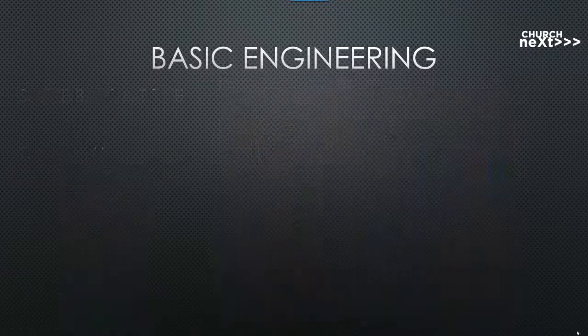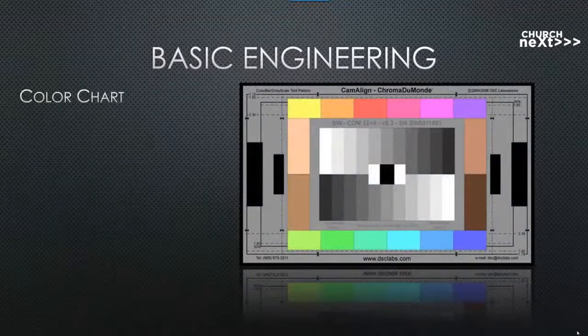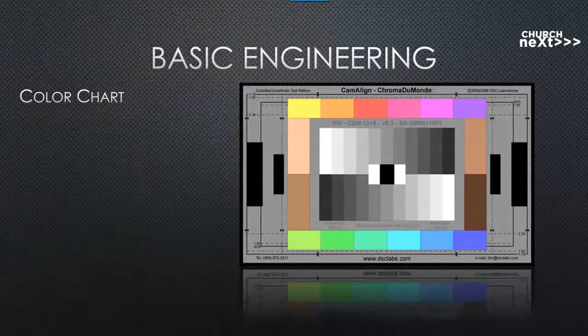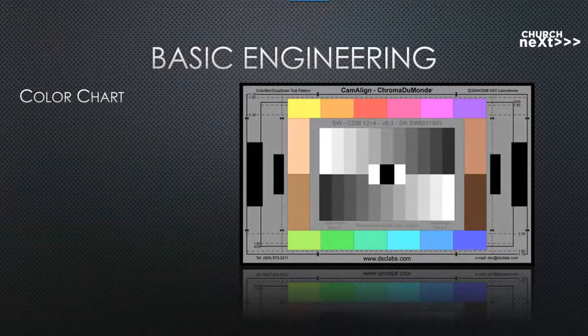So how to use this in a practical way is, in this case, I use a color chart. This particular one is ridiculously expensive because it's color calibrated. But on the back of this chart, I have white. So I set this out on my stage, and this is about 3 feet wide, 2 feet tall. I'm going to go to the white side, put on my speaker lights, and white balance this color chart.